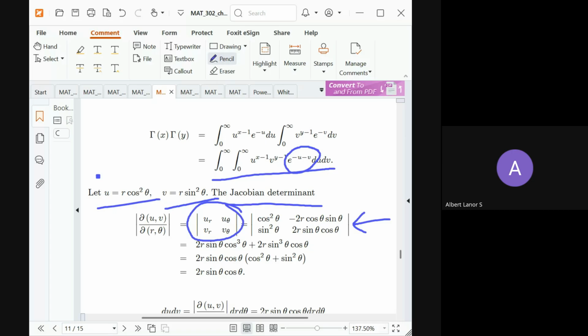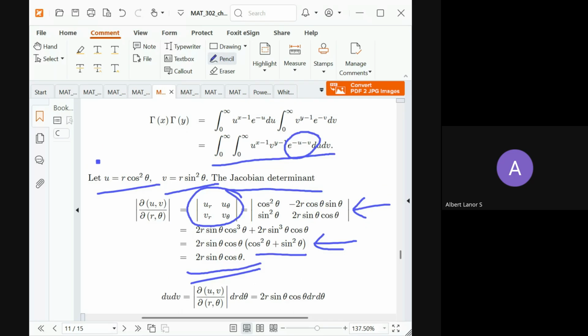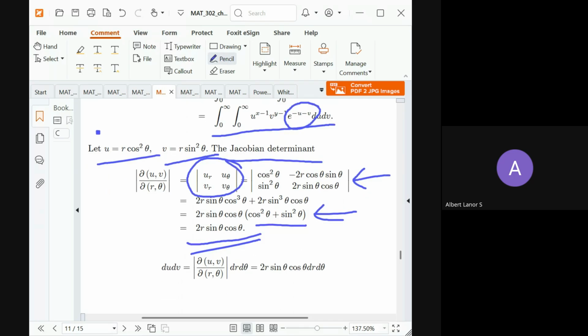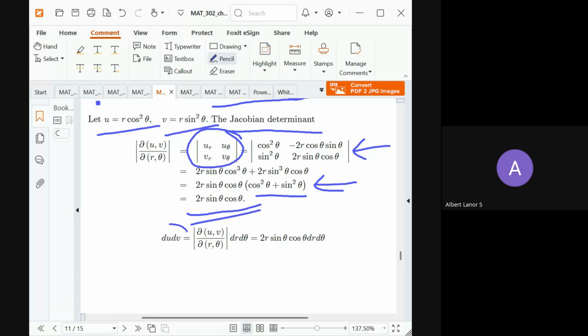So the determinant is going to be equal to what you have here. And you know that the bracket would be equal to 1. So the Jacobian will be 2r sin theta cos theta. So that when we are changing the integral into polar, you know that du dv will be equal to the Jacobian dr d theta, where the dr d theta will be determined by the order of the integration.